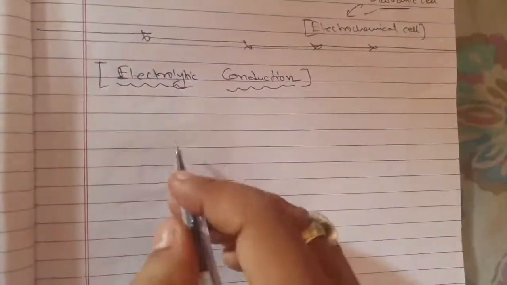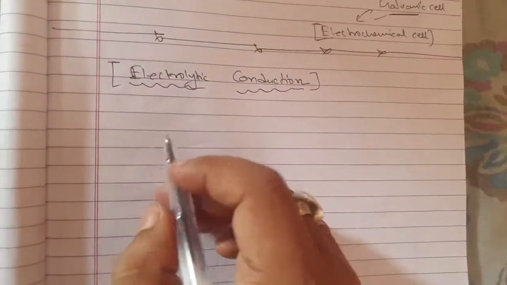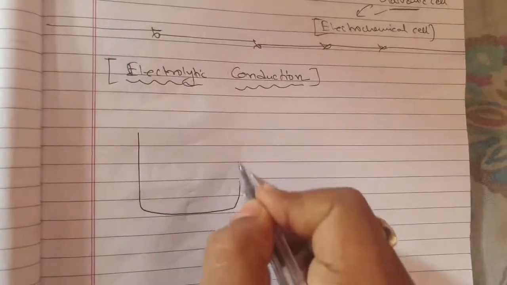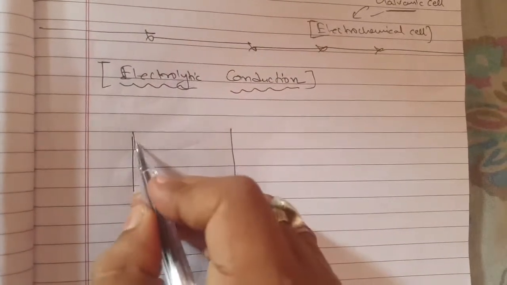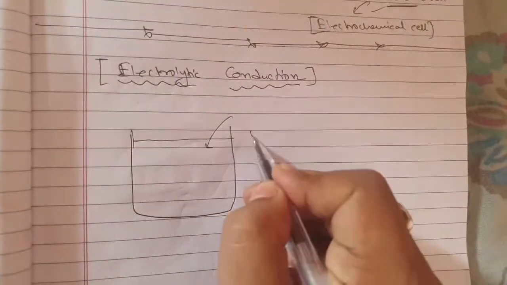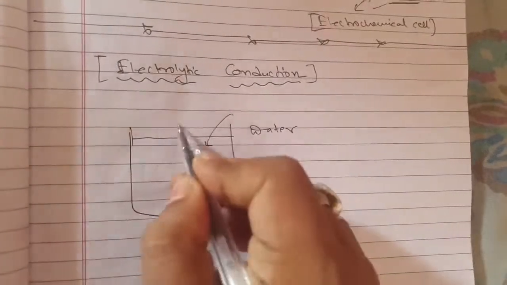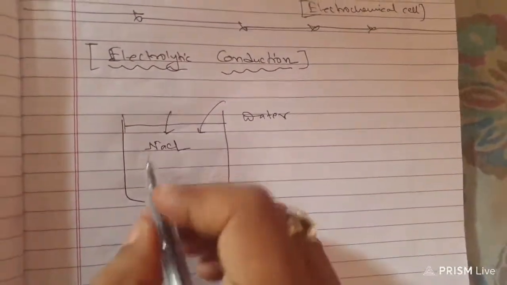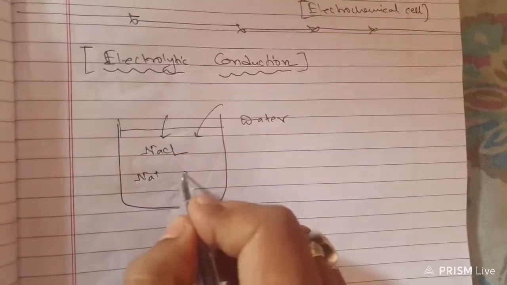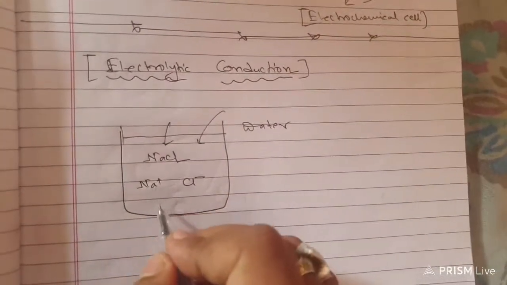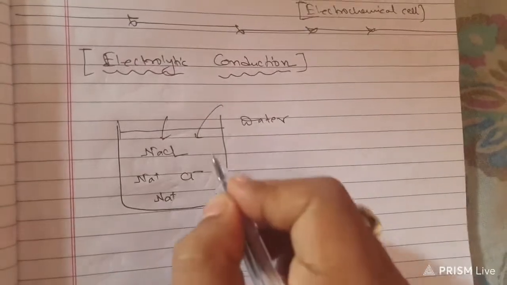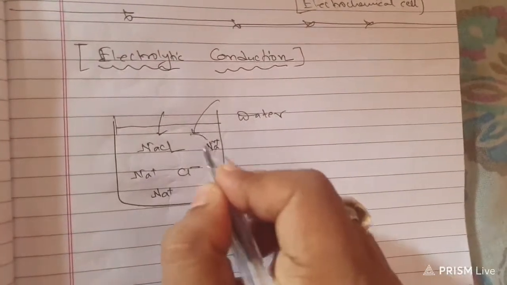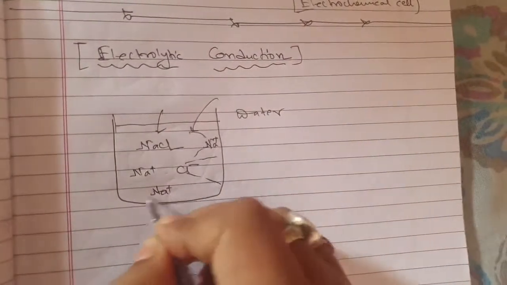To begin with a very basic idea, we know that if there is a vessel and you put water in that vessel and you put an electrolyte in that vessel, suppose for example NaCl, then Na+ and Cl- get separated and these charges move randomly all around the vessel.